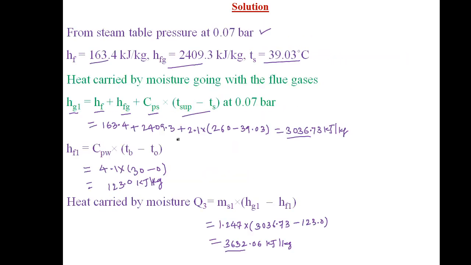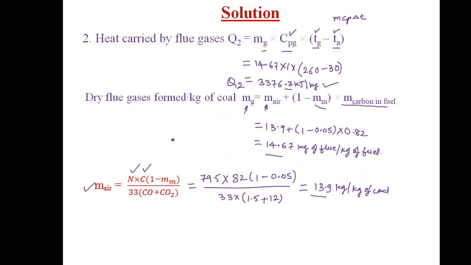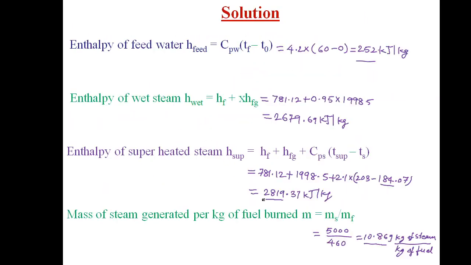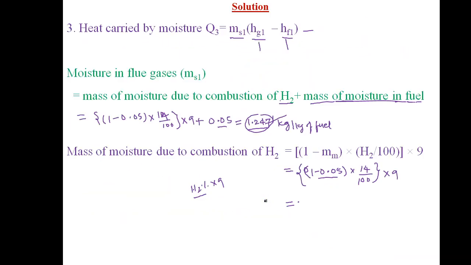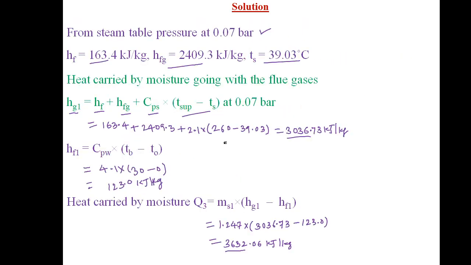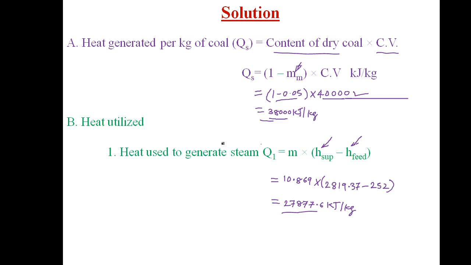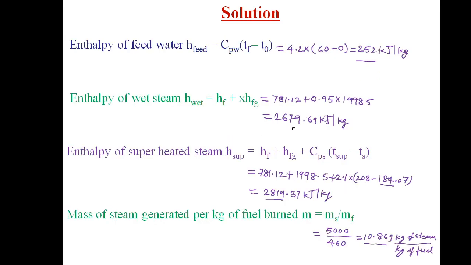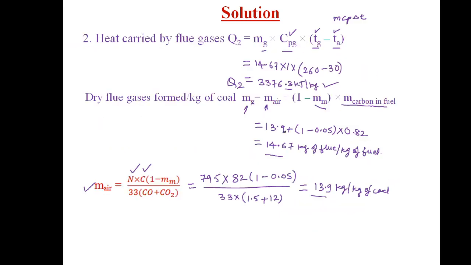So the enthalpy of superheated steam, which we have calculated as H sup, is 2819.37, minus the enthalpy of wet steam, which is 2679.69.